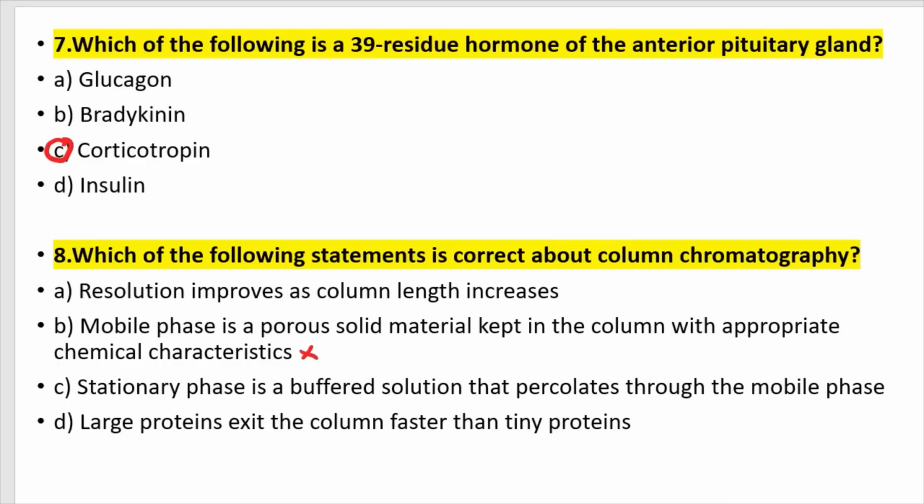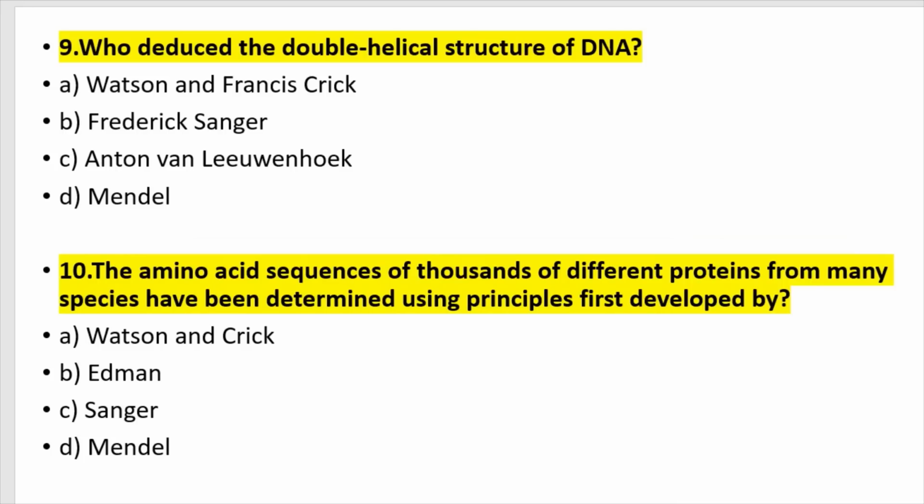No. D. Large proteins exit the column faster than tiny proteins. So the answer is here. Resolution improves as the column length increases. So as the column length increases, what you start seeing is that the ink will be widening and the colors will be coming into shape.